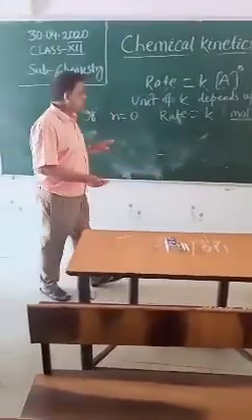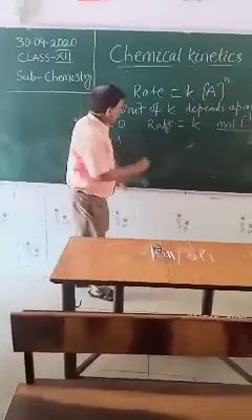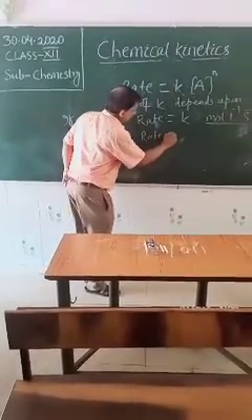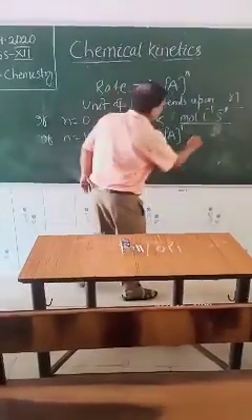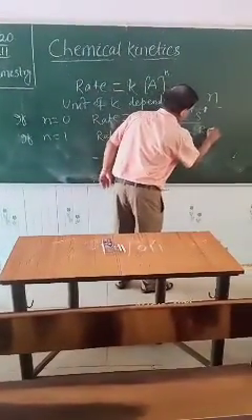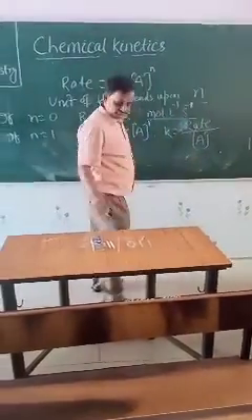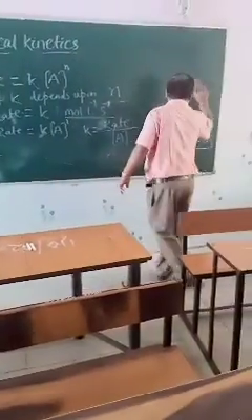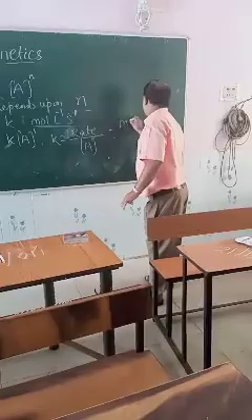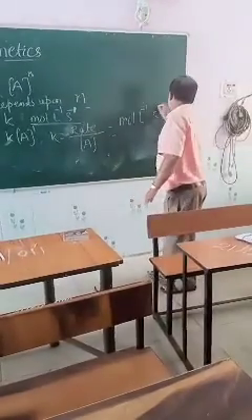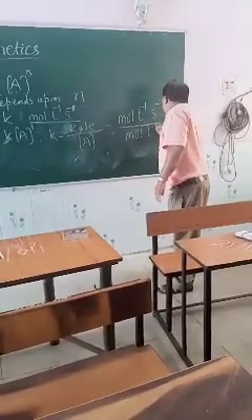Similarly, if n is equal to 1, first order reaction, so rate equal to k into A to the power 1. Now k equal to rate by concentration of A. The unit of rate is mole per liter per second, and unit of A concentration is mole per liter.